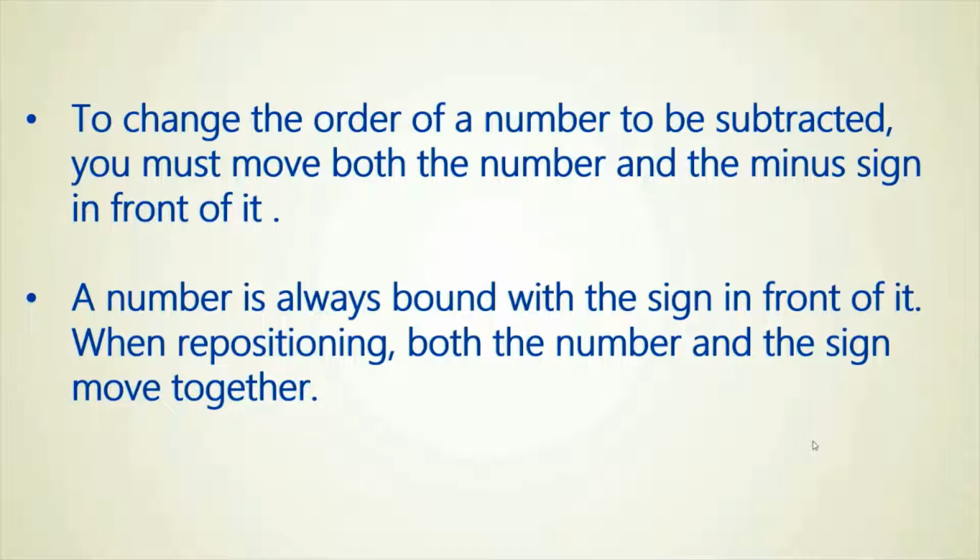Another way to think of it is a number is always bound with the sign in front of it, be it the positive sign or the negative sign. When repositioning, both the number and the sign move together. This might sound very abstract, so let's look at some examples.